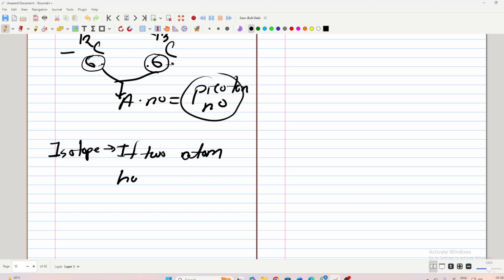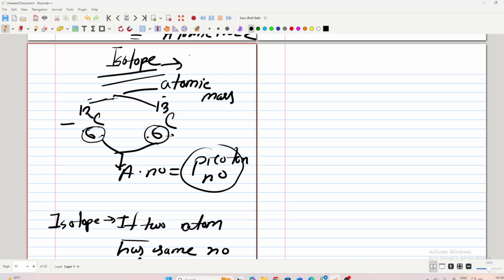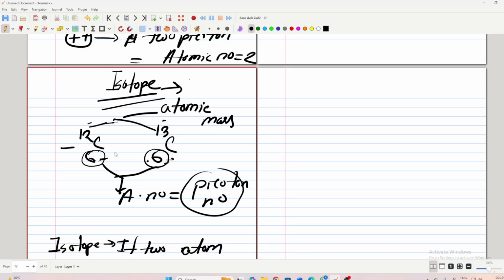If two atoms have the same number of protons, they are called isotopes. These two carbons have the same atomic number but different atomic mass. Both have 6 protons, so they are isotopes.